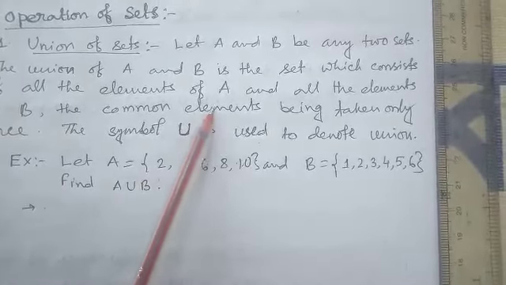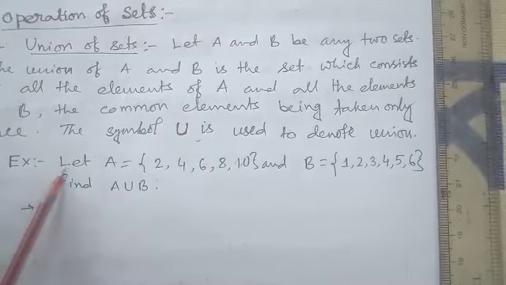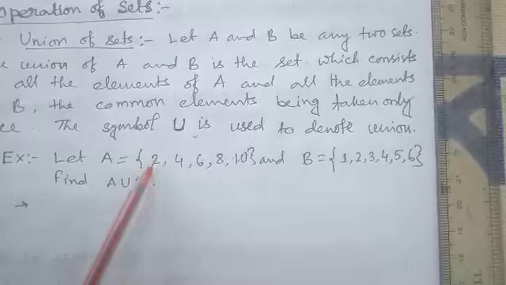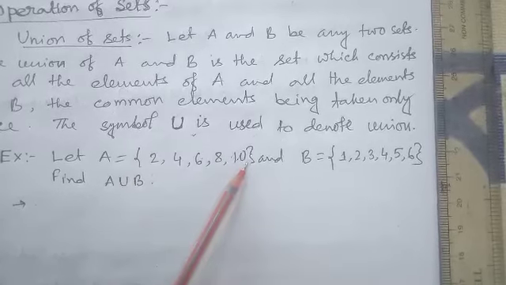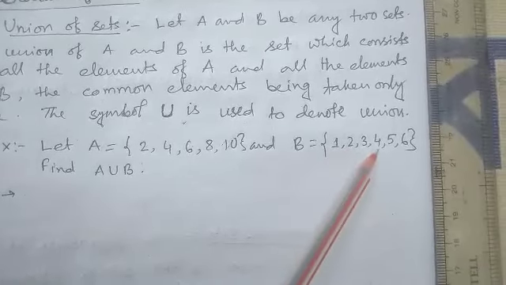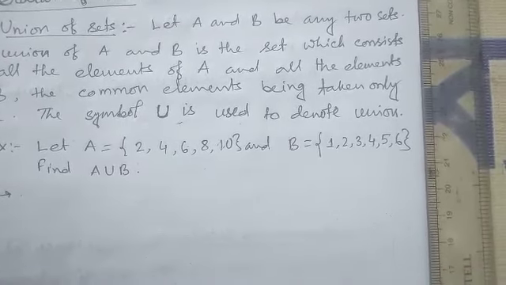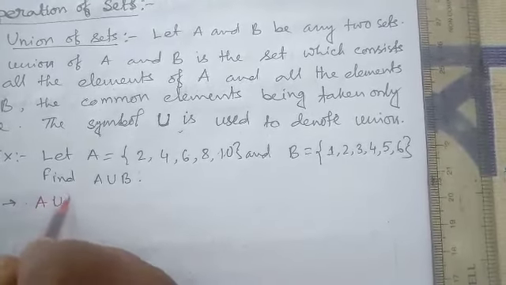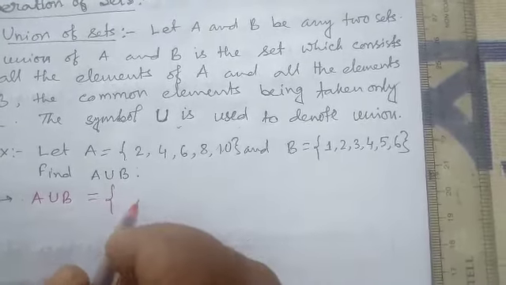Example: let A be a set with elements 2, 4, 6, 8 and 10, and B be another set with elements 1, 2, 3, 4, 5, 6. Find A union B. Element 1 is not in A, so it should be in the A union B set.